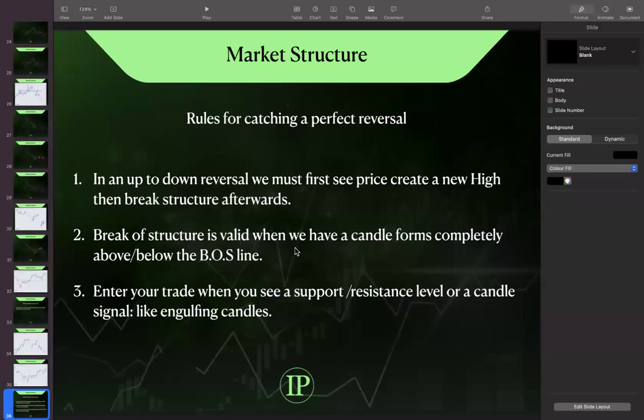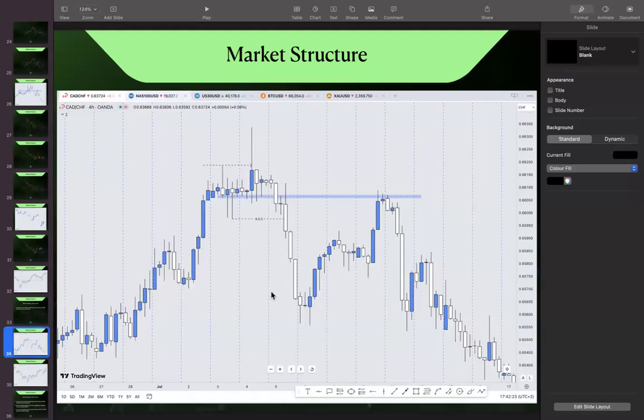So, number two, break of structure is valid when we have a candle open, form, and close above or below the break of structure line, just like I showed you guys before.